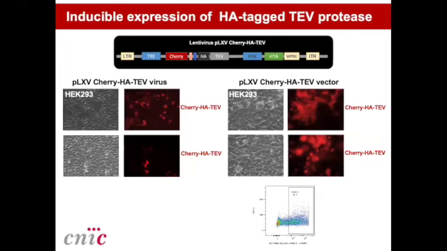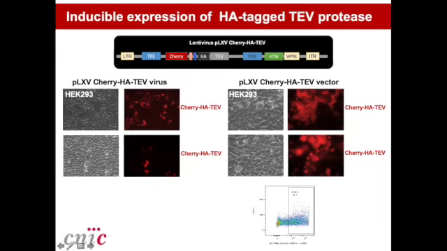Our idea is to use this cell line to generate a line in which we can induce the expression of the TEV protein. First, we built a lentivirus vector with the inducible promoter and TEV linked to the mCherry tag, a red fluorescent protein.